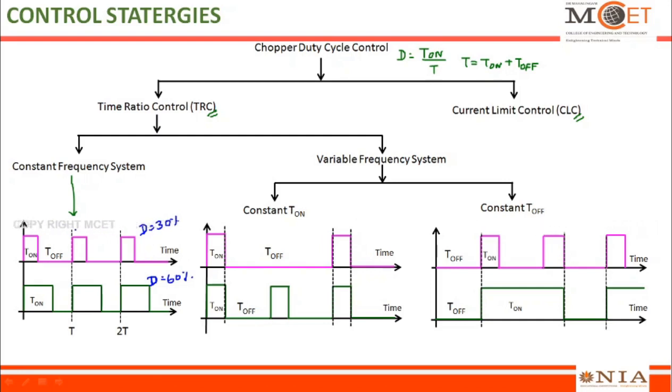If you look at this constant frequency system, the time period of both these waveforms, that is for duty cycle 30% and duty cycle 60%, remains constant. Time period means the point after which the waveform repeats itself. From this point forward, the same waveform is getting repeated, so this is the time period of this waveform. In the second waveform, again this part is repeated, so this is its time period.